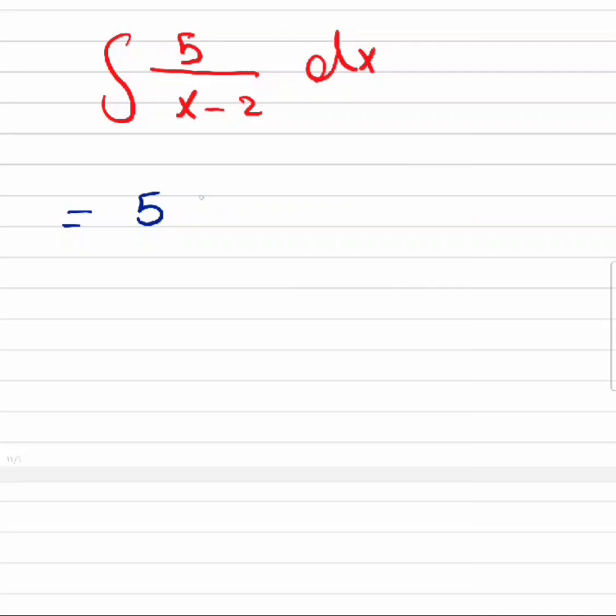So this expression is equivalent to 5 times 1 over x minus 2 dx. And this portion is equal to ln x minus 2, and just multiply it by 5. So this is the answer.